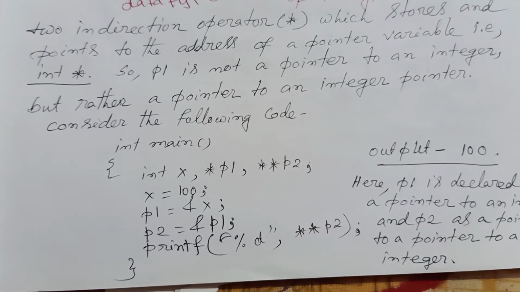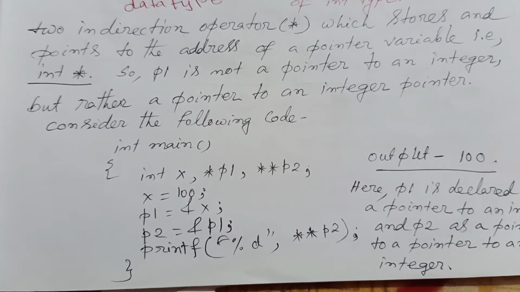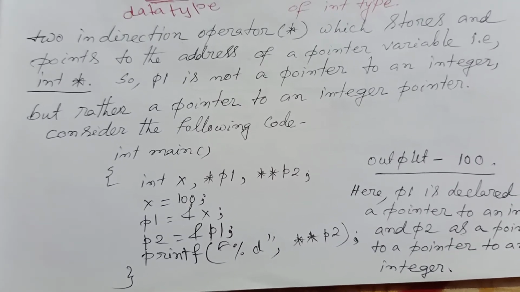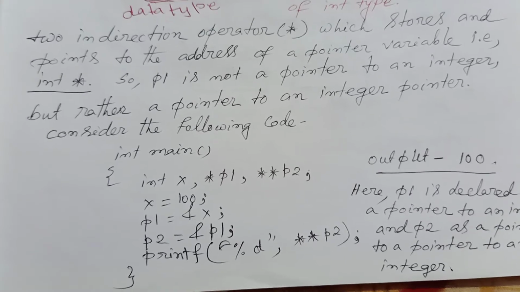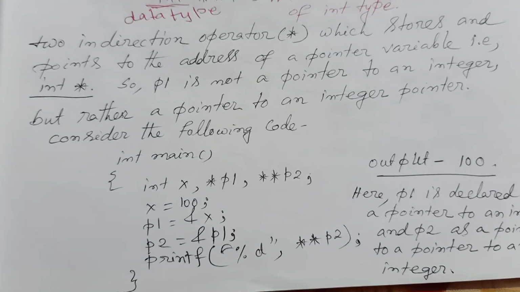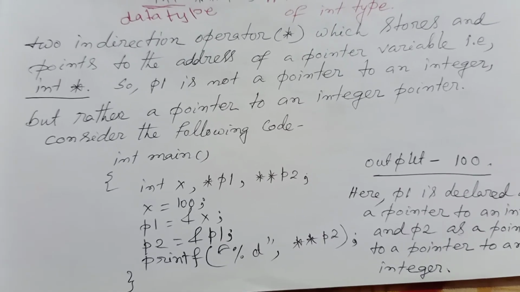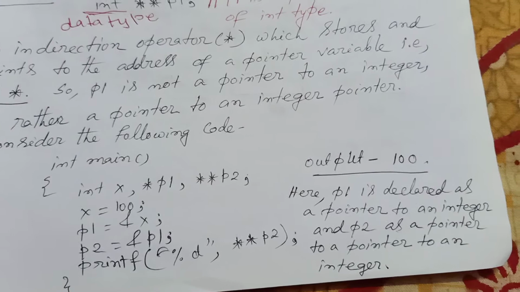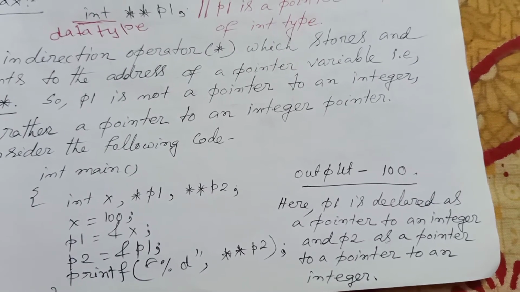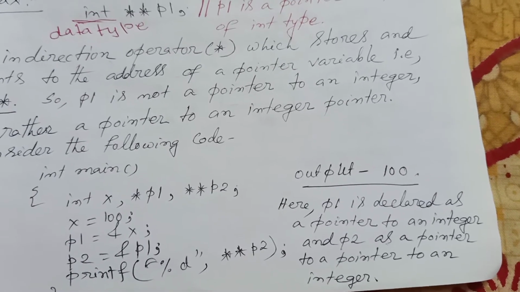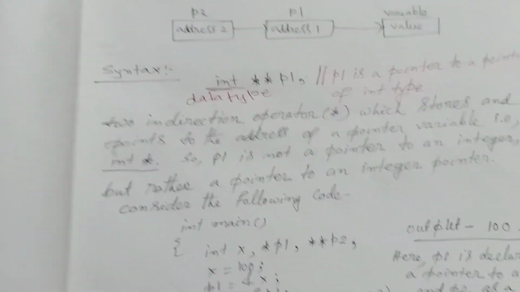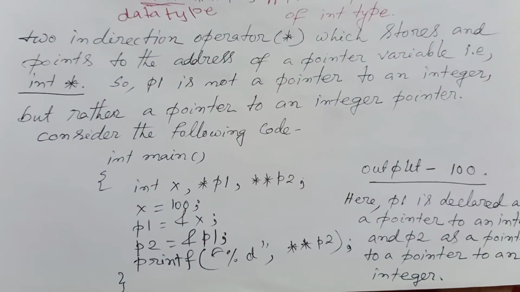Now if we want to display the value 100, we can also write, instead of x in the printf, double pointer **P2. Double pointer P2 also returns the value 100. Why? P1 is declared as a pointer to an integer and P2 is a pointer to a pointer to an integer. That's why **P2 displays the value of x.